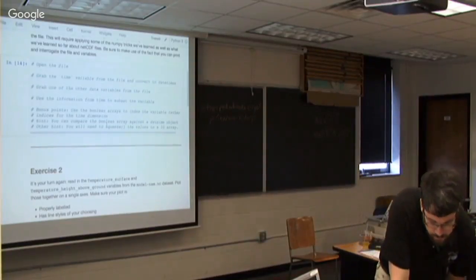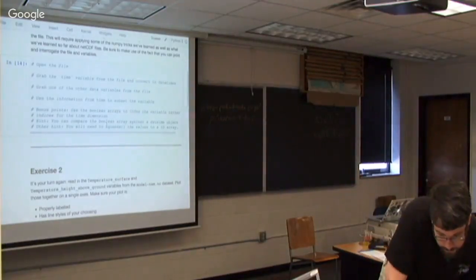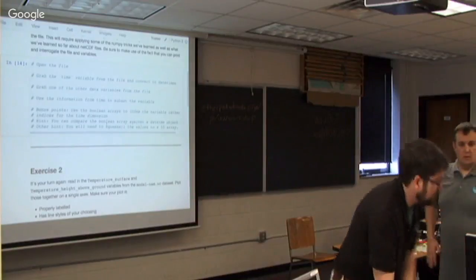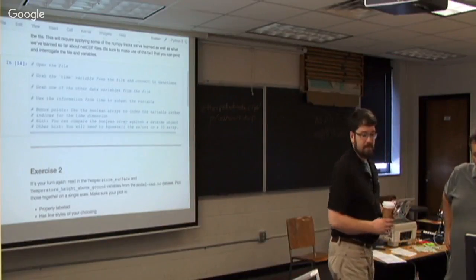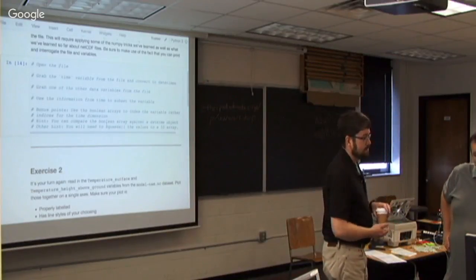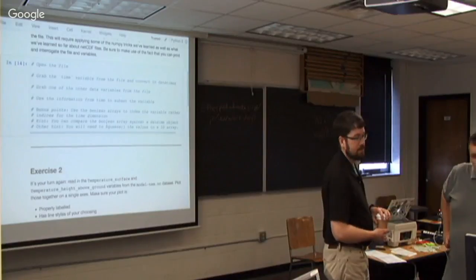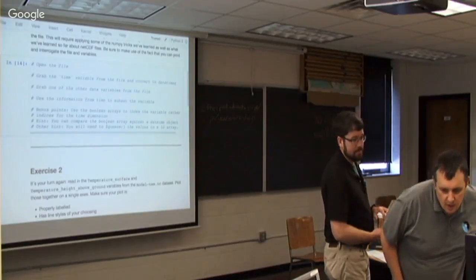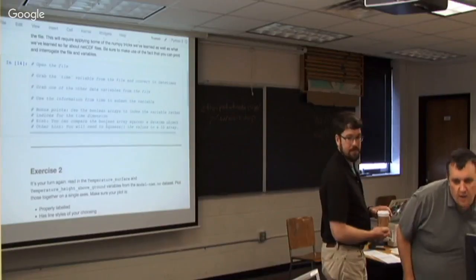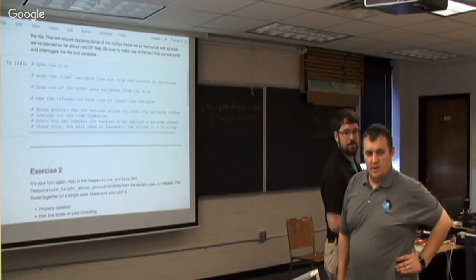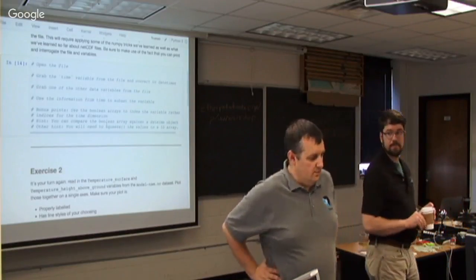In there, units, hours since. I'm just not clear exactly what you want us to do. I think you want to pull out the time based on the time array's amount.